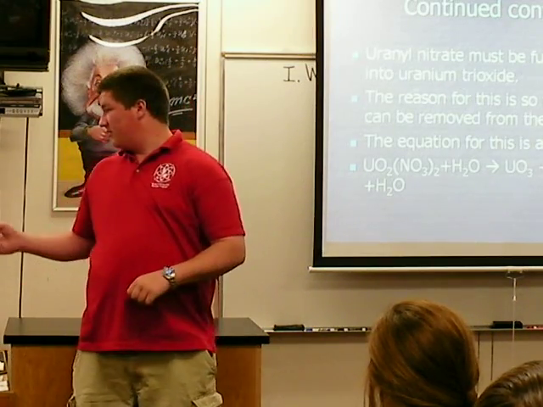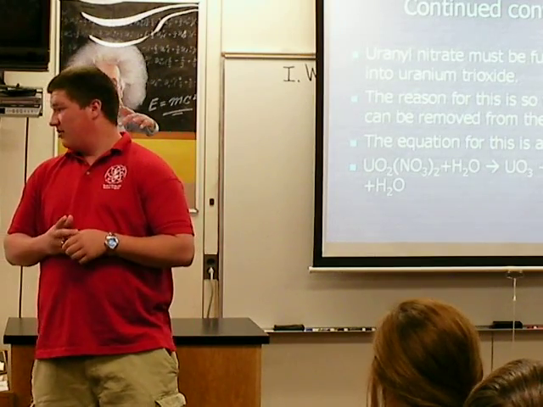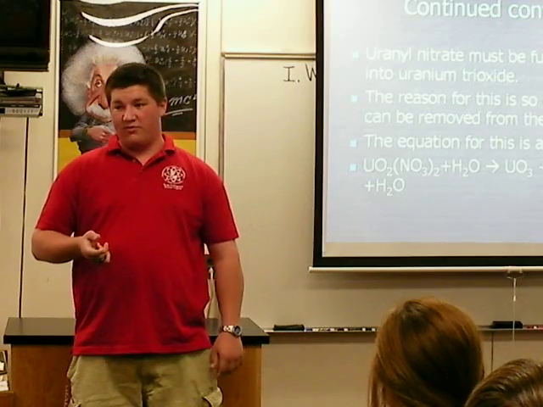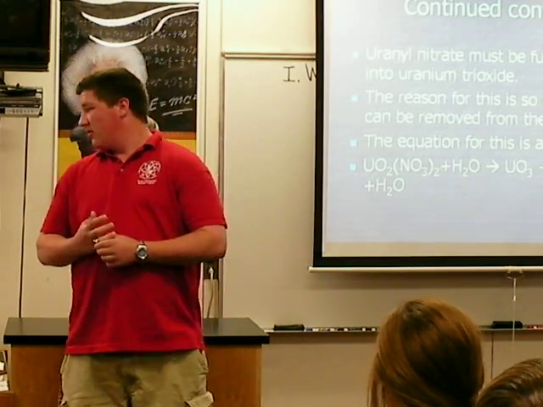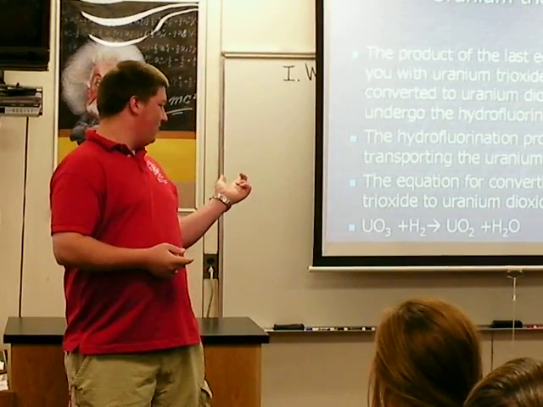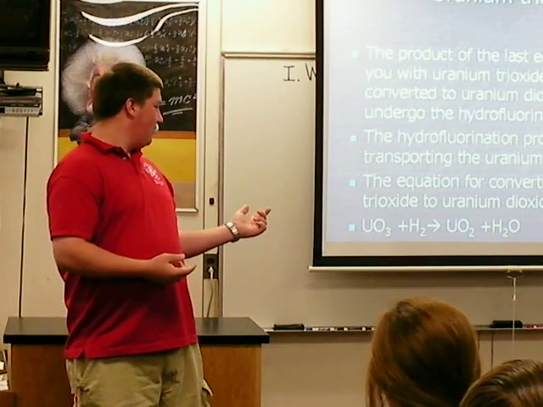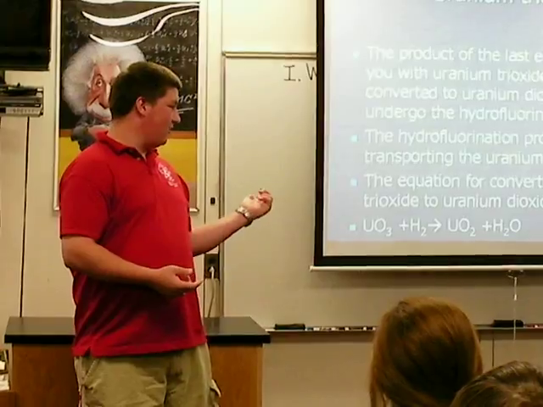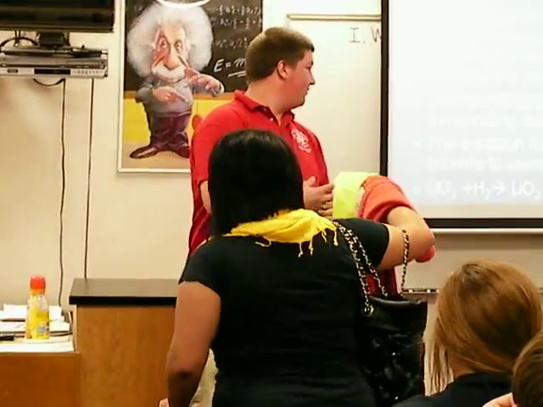The next equation that's on there, they go ahead and convert it to uranium dioxide, which is the ceramic form that they use to make the power fuel assemblies. They just take and add hydrogen to where the hydrogen will bond with the extra oxygen and make water and the uranium dioxide.